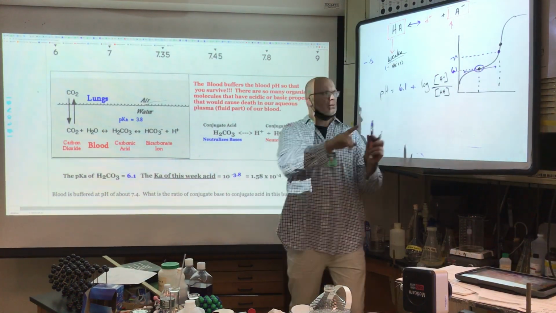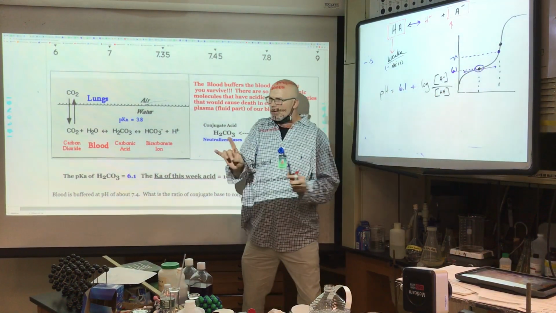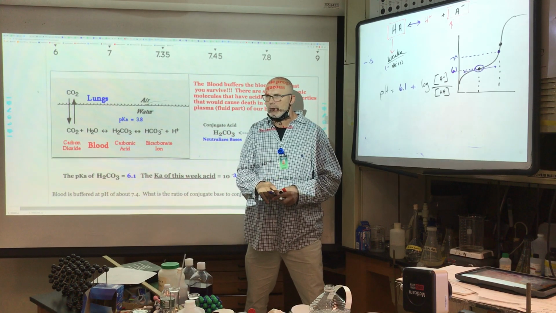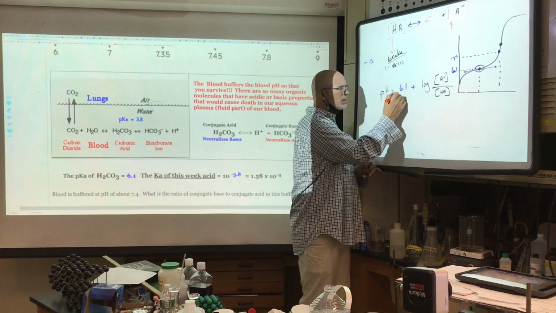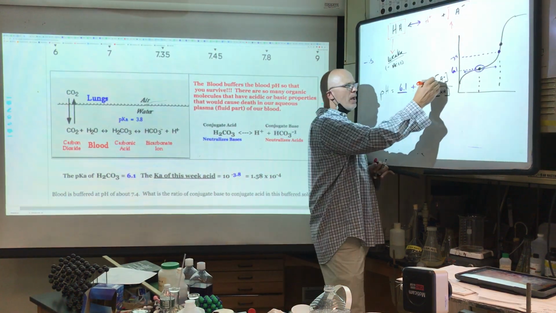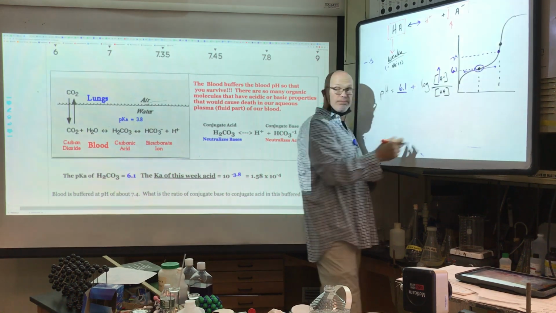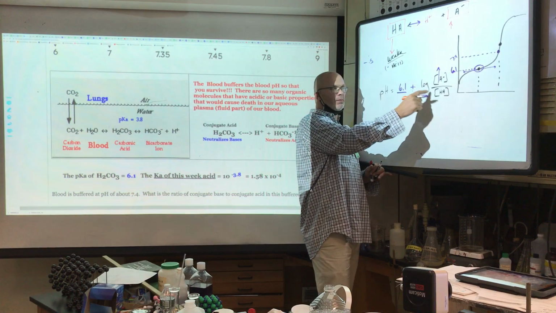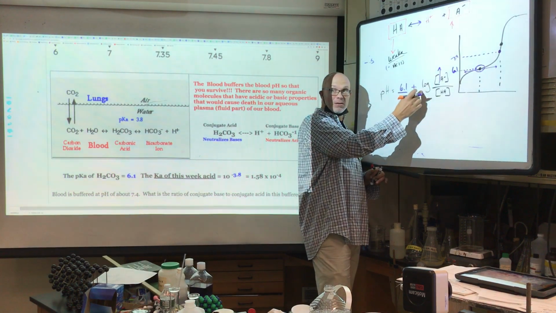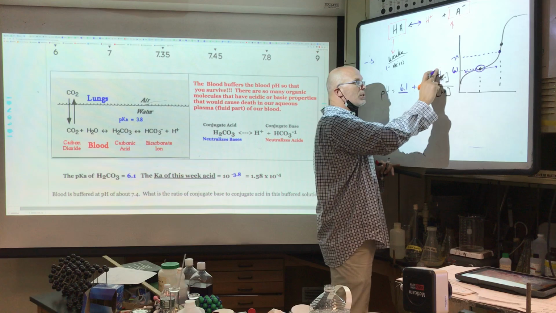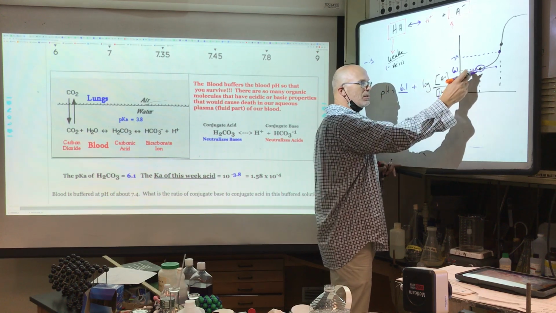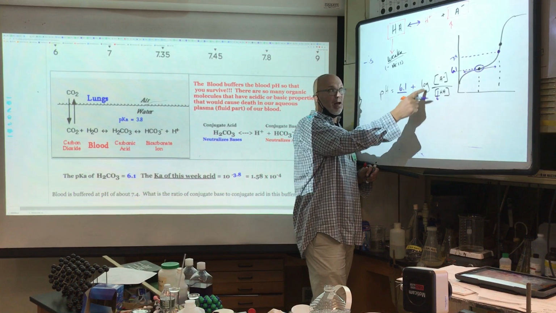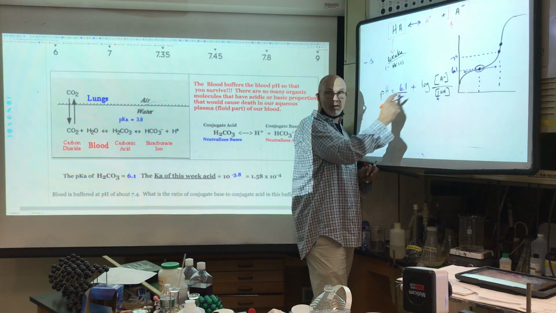So to be able to buffer right there, do I have to have more conjugate acid or more conjugate base? Think with me. 6.1 plus. If I have more conjugate base than conjugate acid, and you should see that's true, right? If this is bigger than 1, the log stays positive, and you're adding to this. If I have more conjugate acid, that'd be in this region, this number is less than 1, which means the log of a number less than 1 becomes negative, and you're subtracting from 6.1.